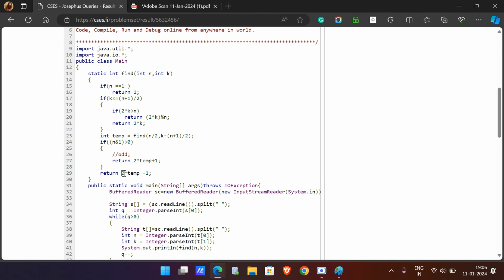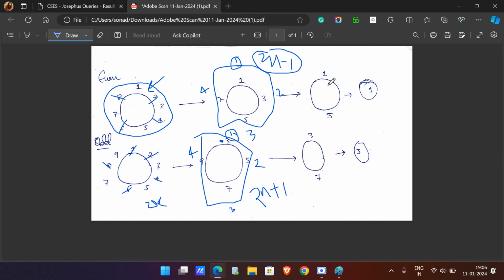Else for the even case, 2 into the result minus 1, as I have said. 1 is 2 into 1 minus 1. That 1 should be considered 1 only.